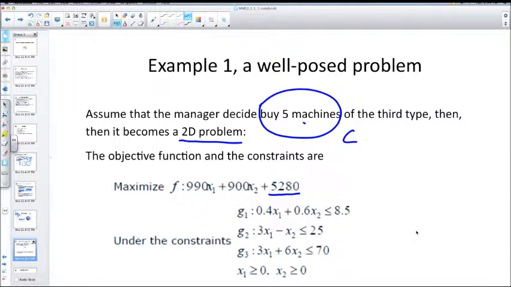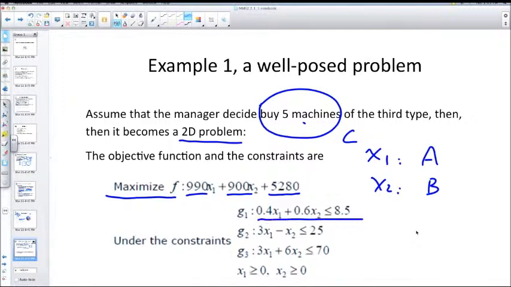And assume we purchase X1 of type A and X2 of type B machines, and type A makes 990 computer boards per day, and type B makes 900 boards per day. Then your total productivity per day is going to be 990x1 plus 900x2 plus 5,280.